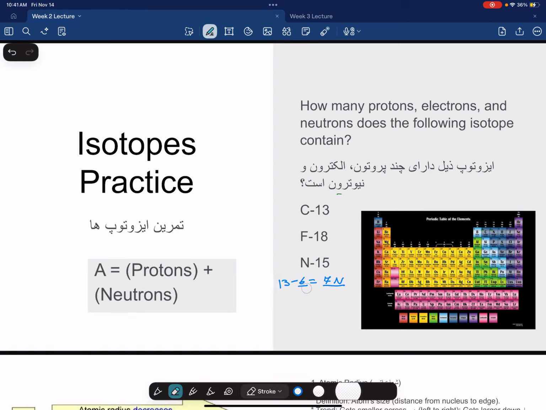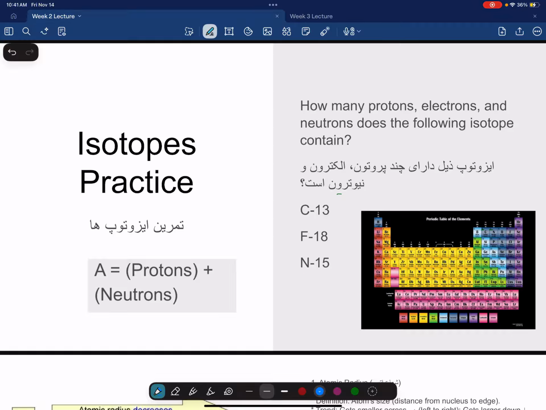In a neutral atom, the number of protons tells us the number of electrons, because they have to be equal in order to be neutral. So it's going to be 6 electrons. Now we answered our question. This atom has 7 neutrons, 6 electrons, and 6 protons.